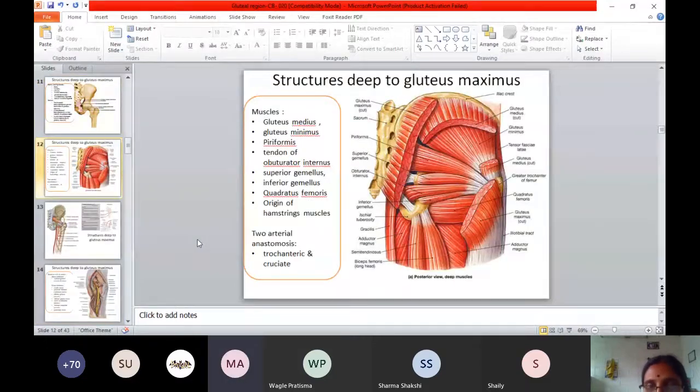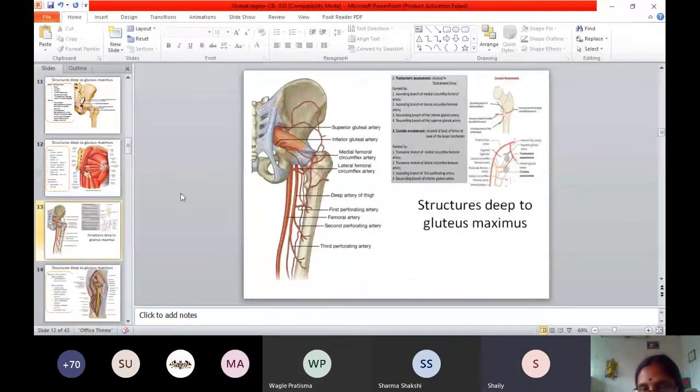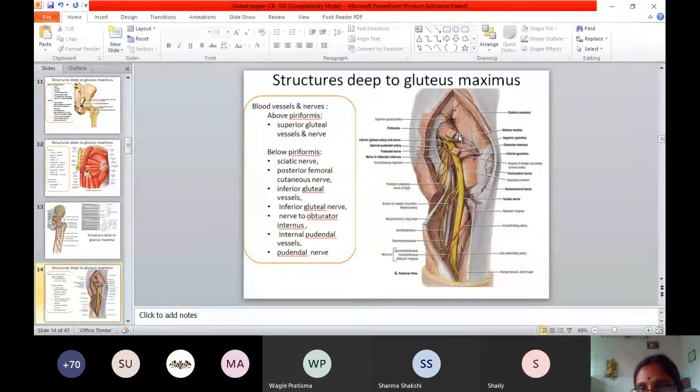Then deep to the gluteus maximus, structures are very, very important. What is the key muscle? Piriformis. And the neurovascular bundles are above the piriformis and below the piriformis. Below the piriformis, the most important nerve is, which nerve is this? Sciatic nerve.